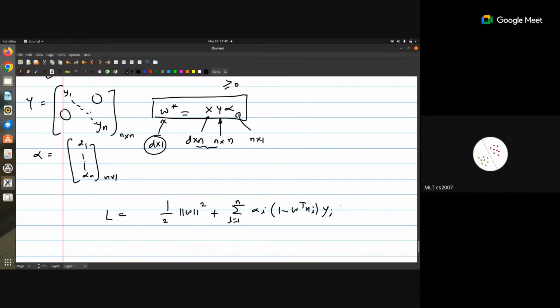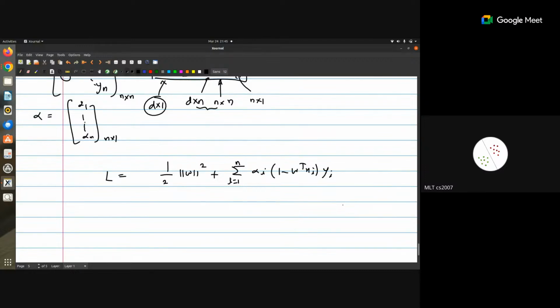Now, what I'm saying is, we have the optimal W, so substitute it. So what is the optimum W? Let's say if I wanted to write it in the vector format, it will be like XY alpha, right? So how does this look? Alpha into 1 minus W transpose xi and yi.